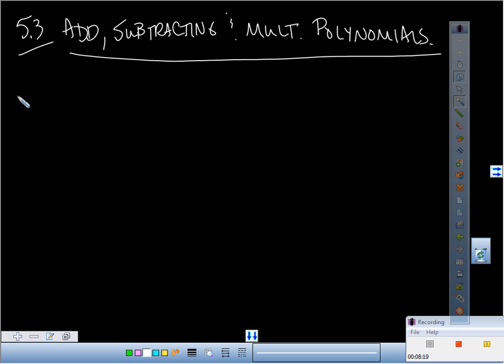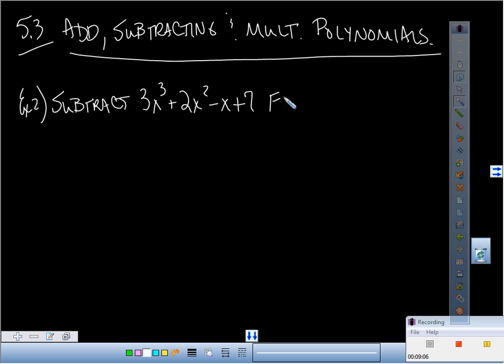Let's talk about subtracting. I'm going to give you an example of subtracting. This is example 2 in our book. There's just one thing that I want to address, well, really 2 things. Subtract 3x to the 3rd plus 2x squared minus x plus 7 from 8x to the 3rd minus x squared minus 5x plus 1.